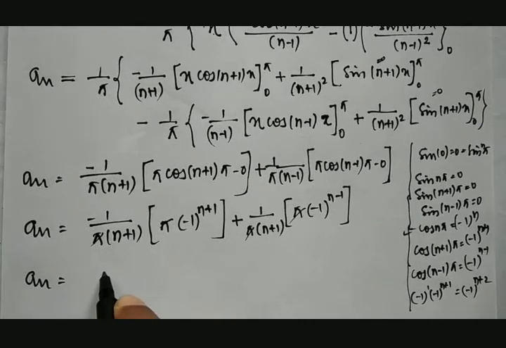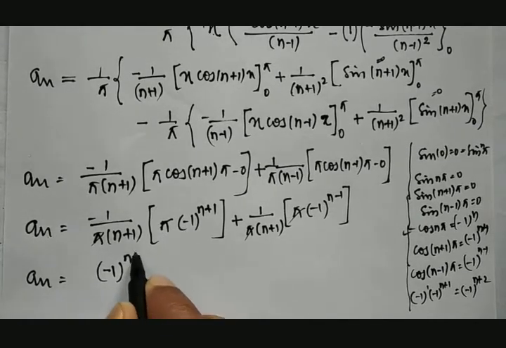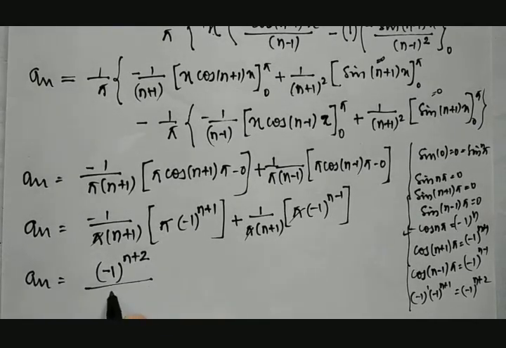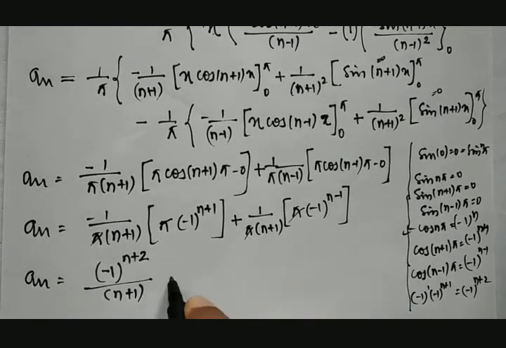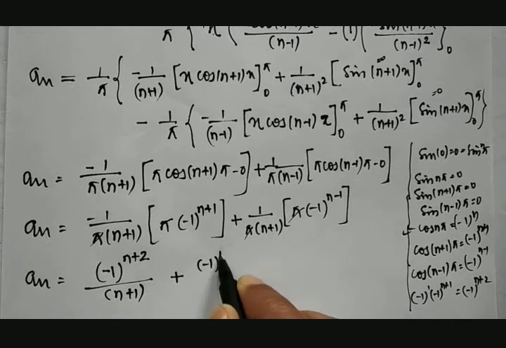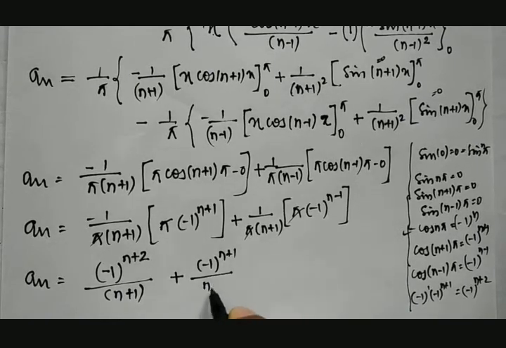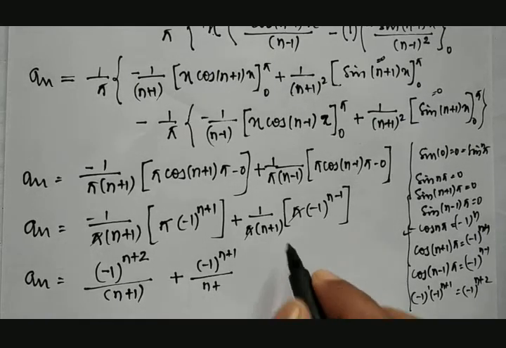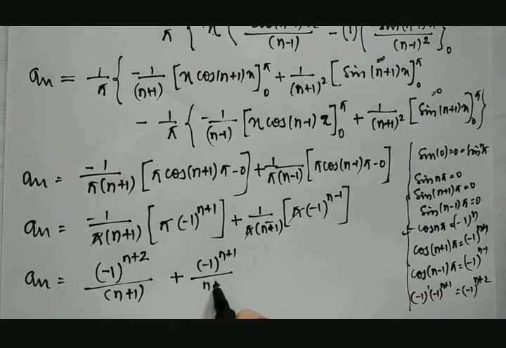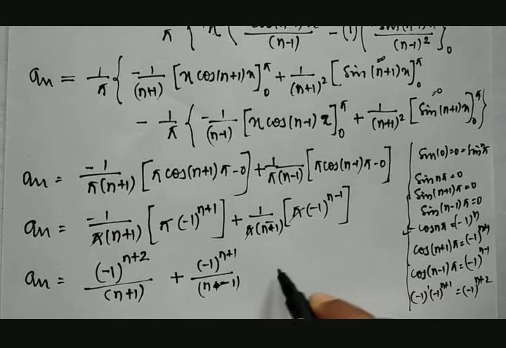Therefore, this is minus 1 raised to n plus 2 divided by n plus 1. Similarly, plus this is minus 1 raised to n plus 1 divided by, this is minus 1, n minus 1.